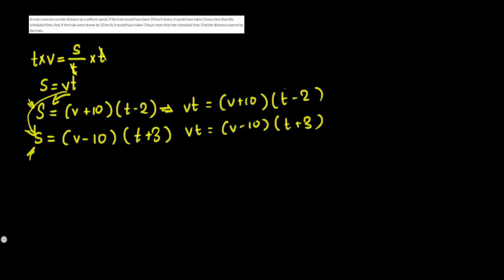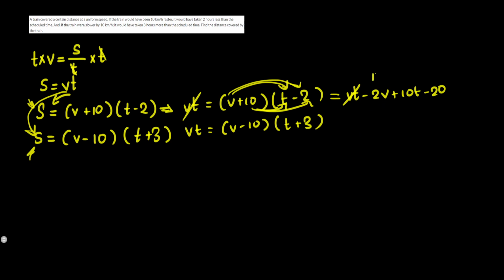Alright, let's try solving this. Let's open the brackets. If I use the distributive property, I will get vt minus 2v plus 10t minus 20. I can cut the vt's because vt minus vt is 0.